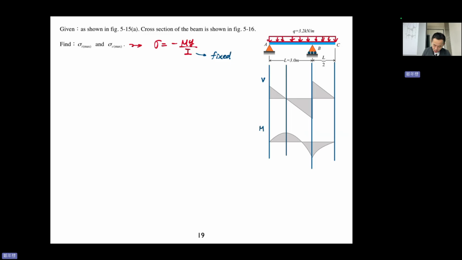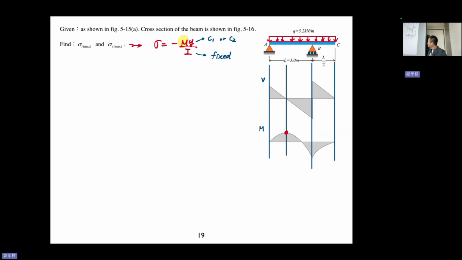We know that Y is either C1 or C2. If we want to find the maximum sigma, we need to find the maximum M. Where is the maximum M in this moment diagram?